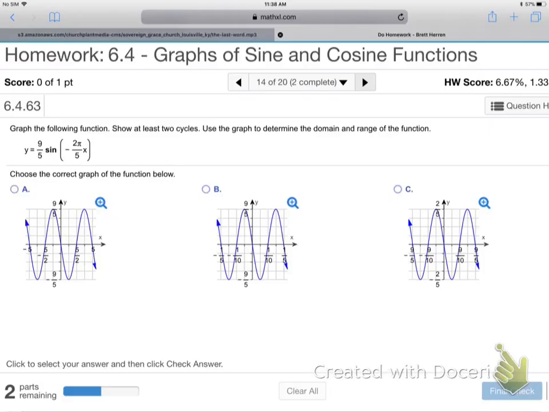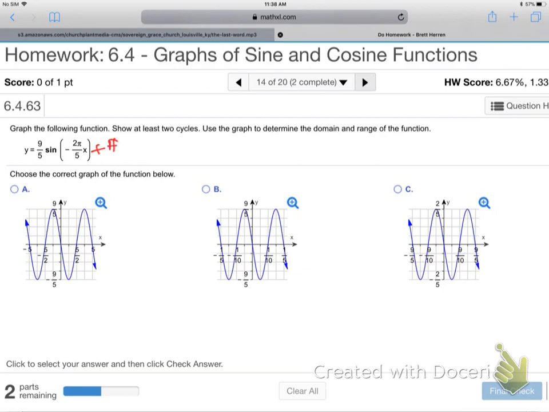Okay, so that's a big mess. So let's take that thing. Does this one have a midline that's been moved? No. There's nothing added, no number added out here or subtracted.